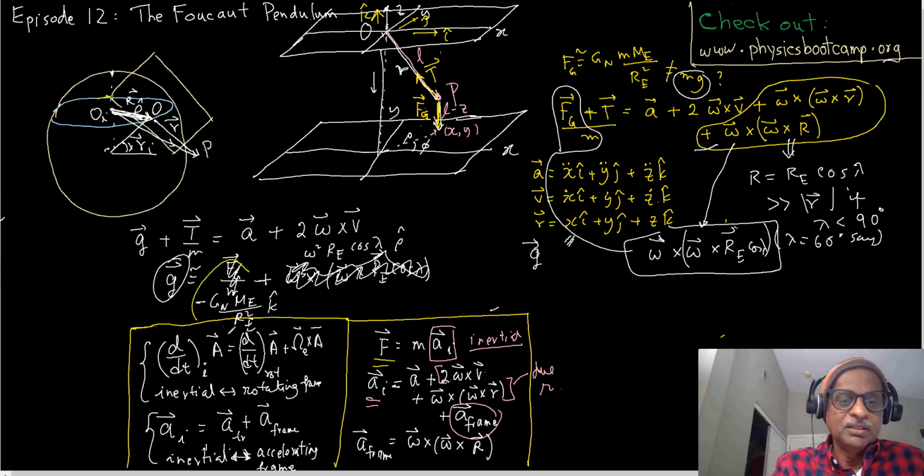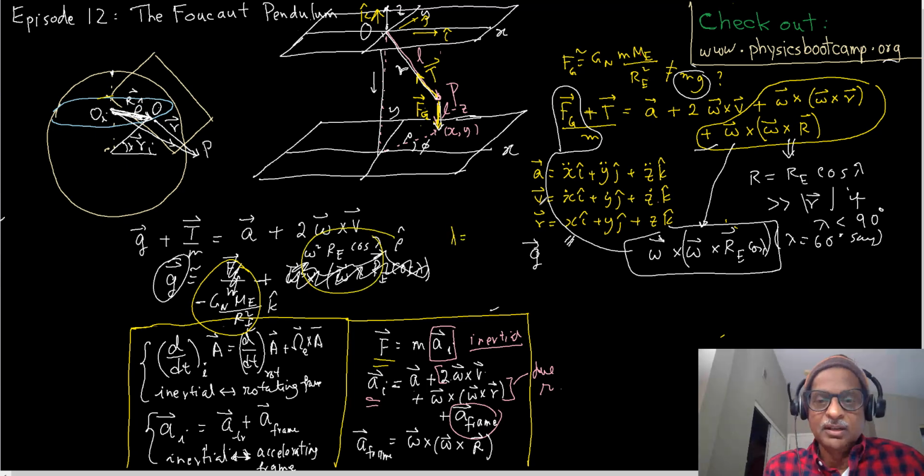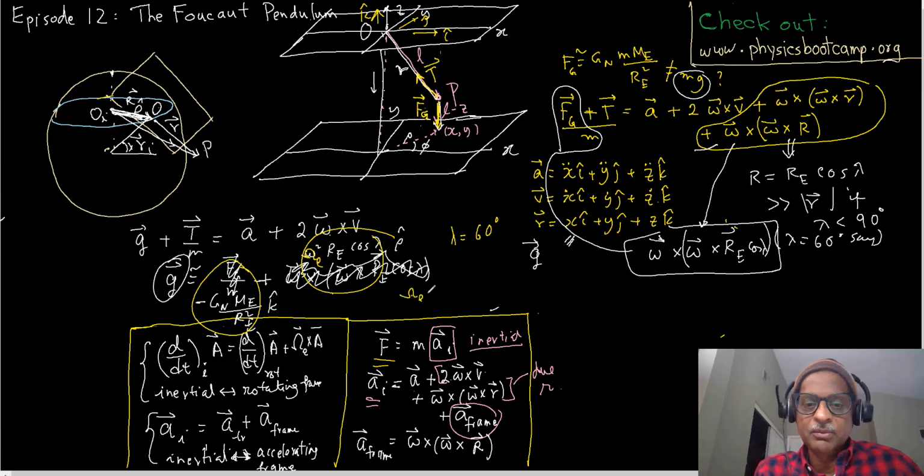So numerically speaking, let's say lambda is, because we need the cosine of lambda, let's call it 60 degrees for easy calculation. And you plug those numbers in. So this is the omega of the Earth squared. Omega of the Earth will be 2 pi over the time period of the Earth.